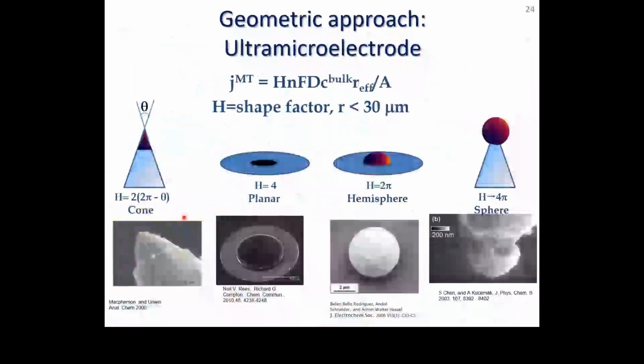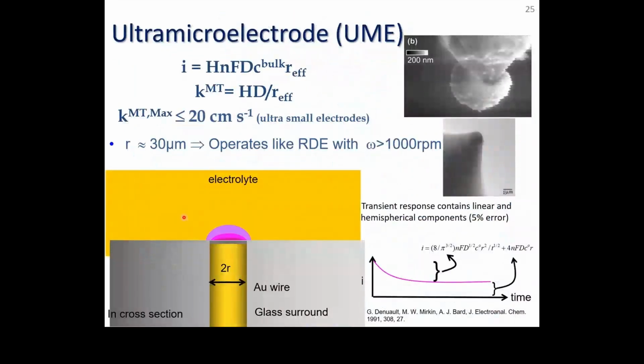And of course, if you have hemispherical diffusion, what happens is that the area over which your reactant is diffusing in order to get to the electrode surface increases hemispherically with time. And so that means that the rate of mass transport does not decay away with time, even though the electrolyte is static.